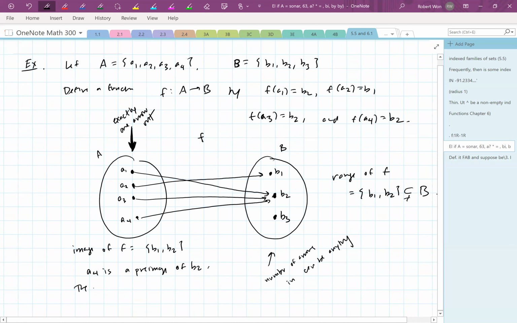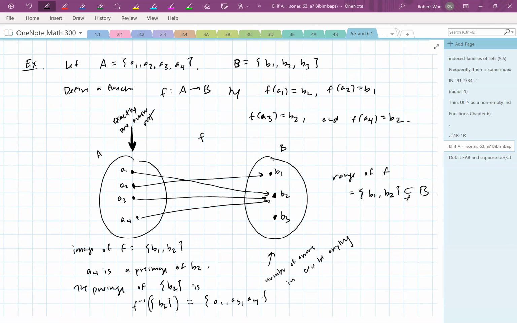Or I could say the preimage of the set containing B2 is, this is defined to be all the elements that map over into the set, which is A1, A3, A4. That's what it is. So A4 is a preimage of B2, but the preimage of the set containing B2 is the set A1, A3, A4.